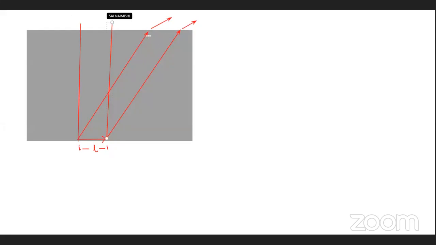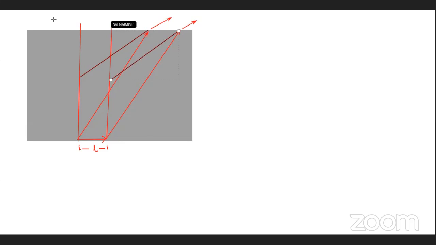Why? Because the parallel ray again comes to this line. This is from the tail, so the tail will appear here and come somewhere here. This is coming from the head.